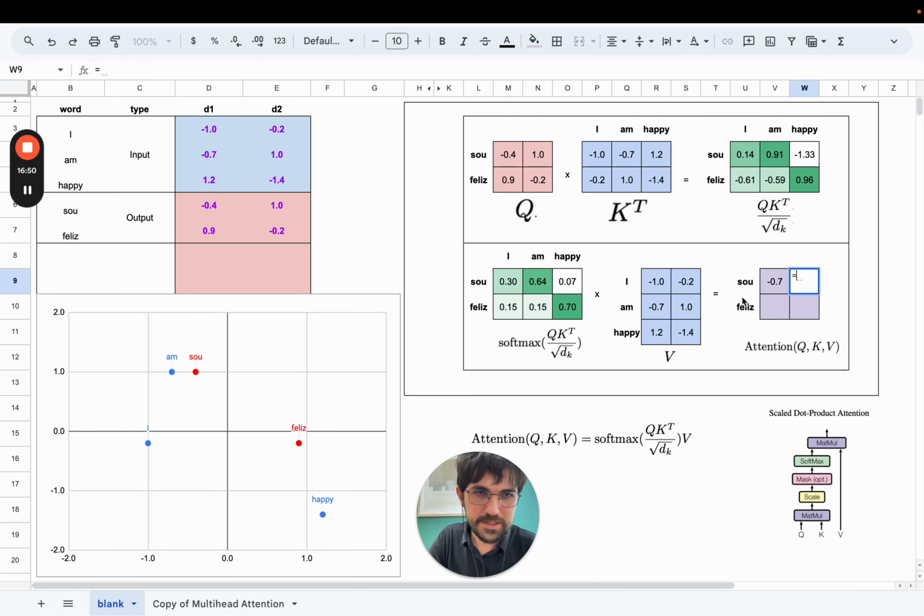And let me do the same for this. Here I would multiply this and this. It's this part, I would multiply also. I would get 30% here, and then for this amount 64, and then for this amount I would get 1.4.